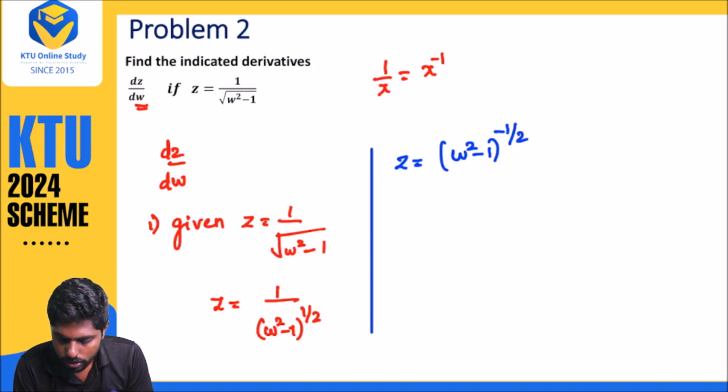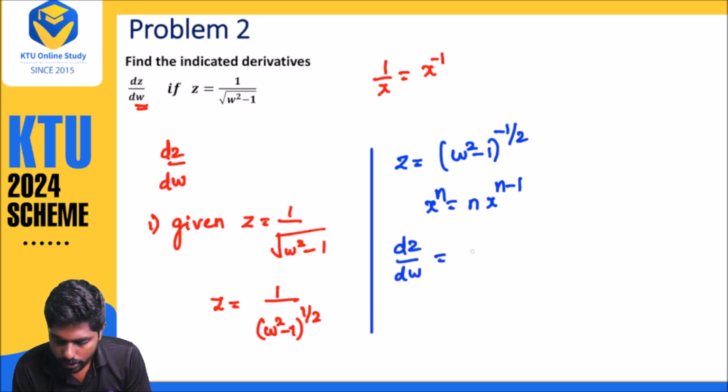Now you see what is the formula? We know the formula, derivative of x power n is n into x power n minus 1. So dz by dw is equal to, here I am taking x is equal to w square minus 1, and n equal to minus 1 by 2.